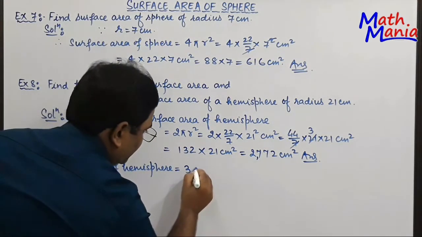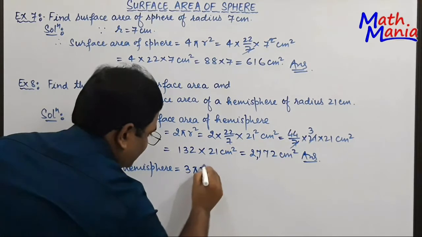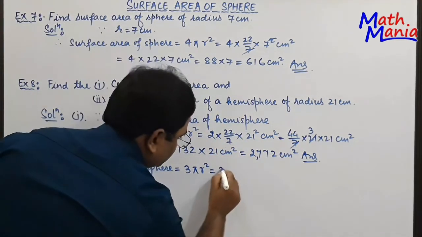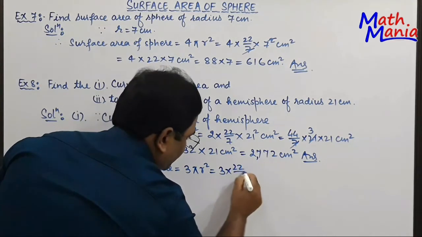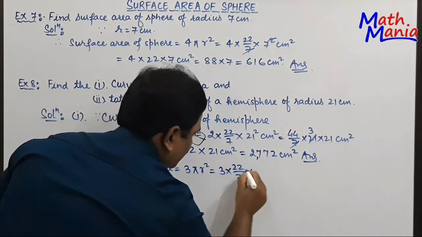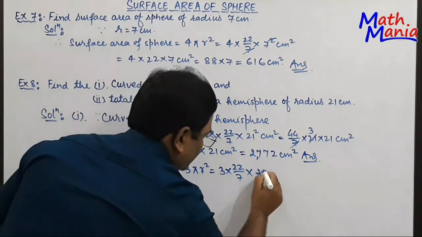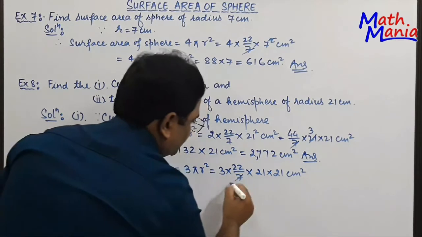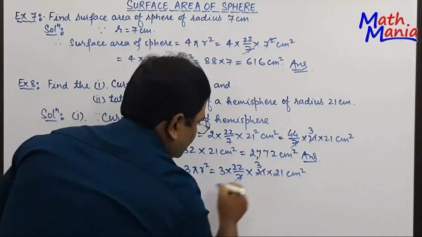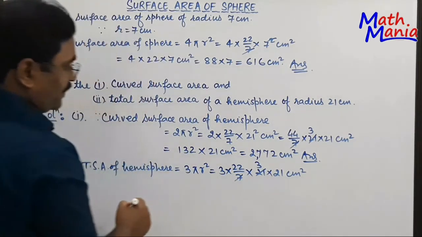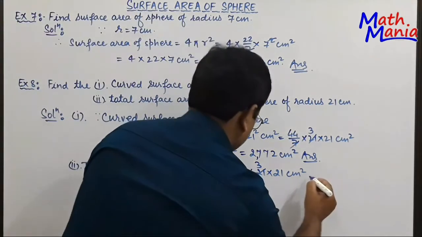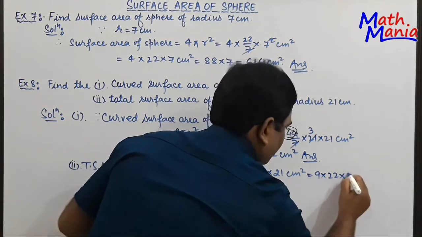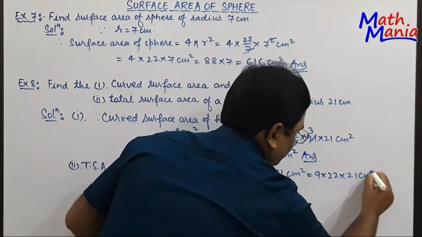So 3 pi r square, substitute the value of radius 21 centimeter, 22 upon 7 into r square, that is 21 multiplied by 21 centimeter square. So this is 3's are, we will get that 3 3's are 9 multiplied by 22 multiplied by 21 centimeter square.